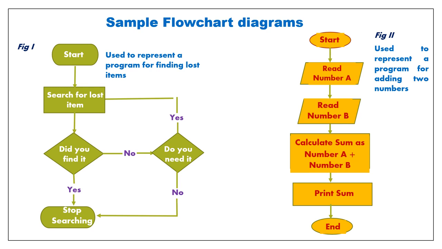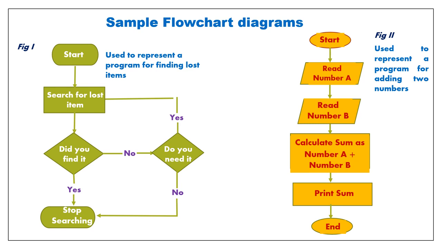Now, my next program segment will continue to say calculate sum as number A plus number B. And we'll continue. The arrow points further to print sum after doing the arithmetic operation, addition.